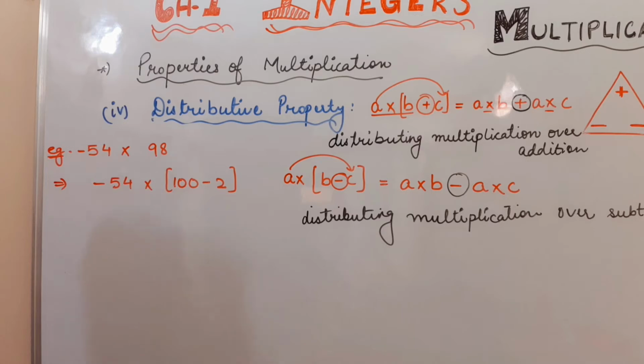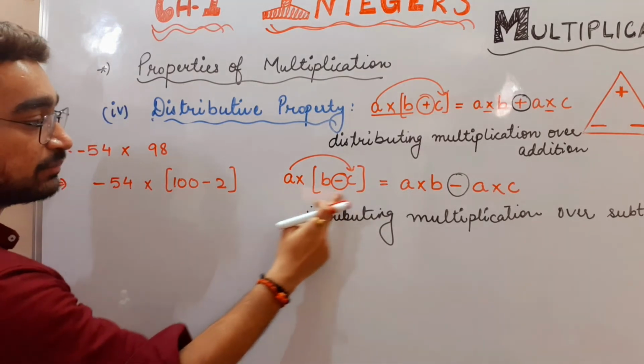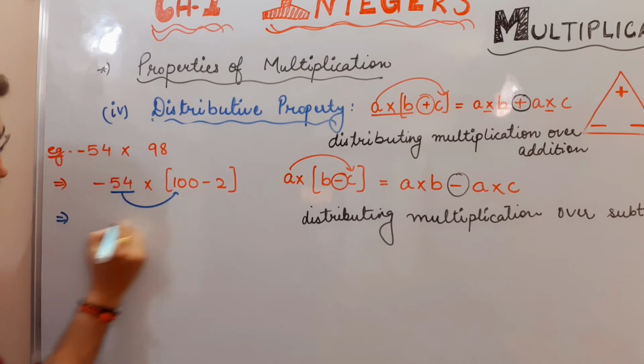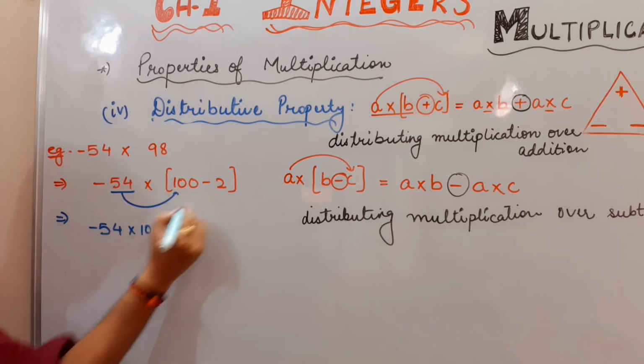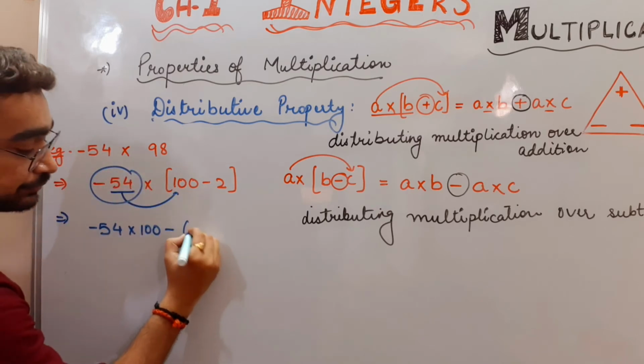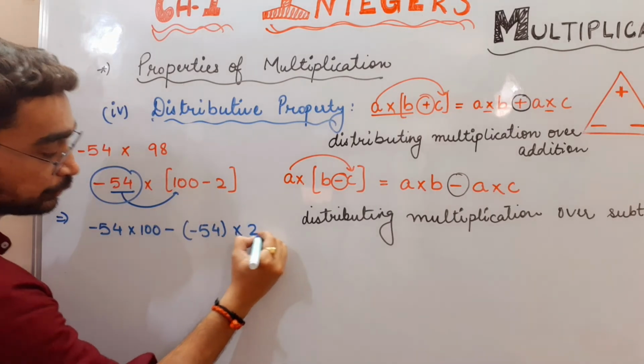Now you can see that it is becoming in the same format, A into B minus C. Now let me try to solve it. Minus 54 into 100. Then the symbol here is minus. Then again minus 54 into 2.